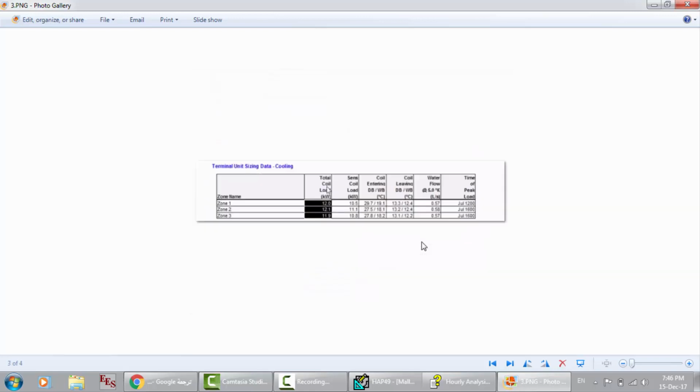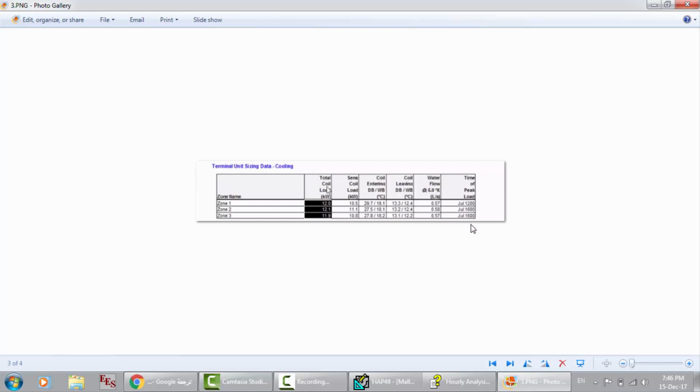But if we see the terminal unit or FCU, we find here the total cooling coil is 36 kilowatt, and here this is July 12:00 and July 16:00. This is the peak, and July 16. Sorry, all of them are on July, but we have different hour.